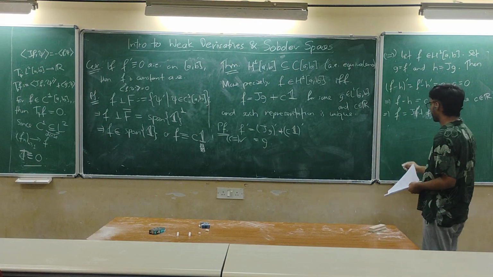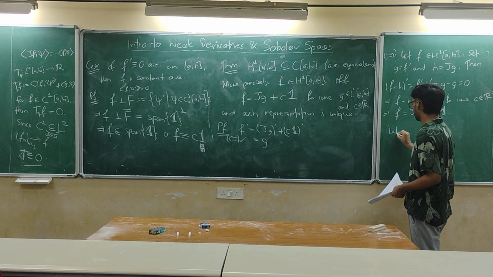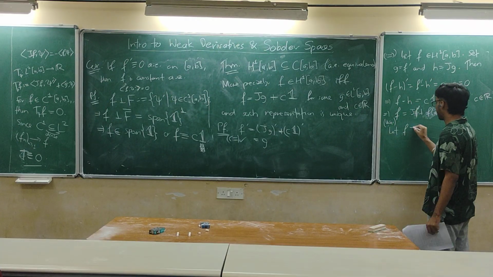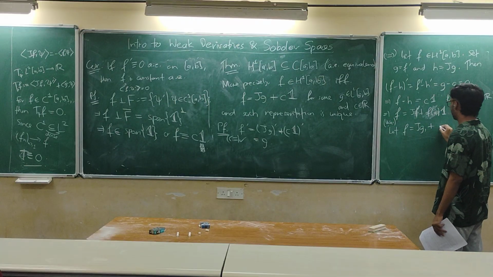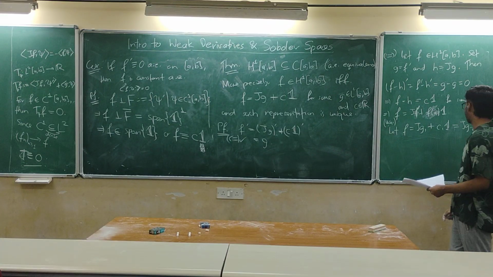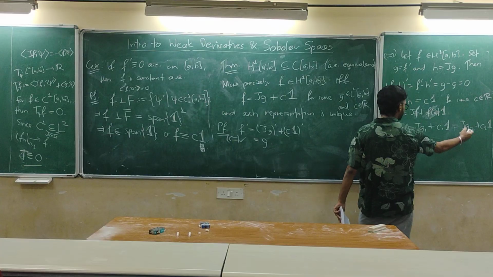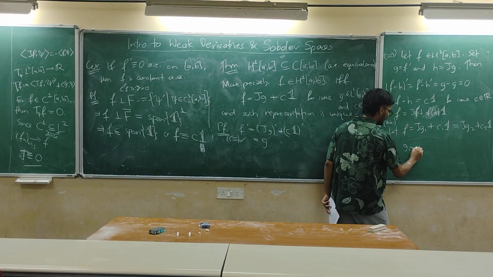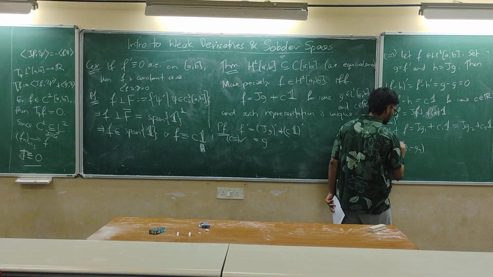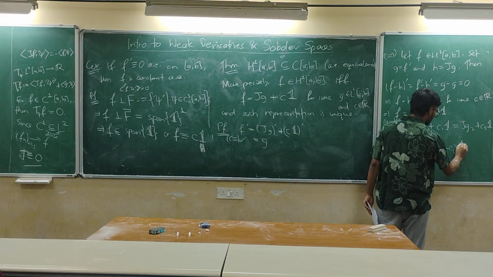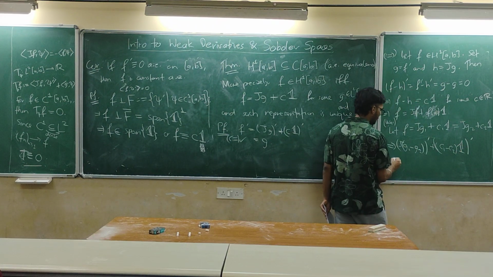So to show uniqueness, let f be written as the integral of g1 plus c1 times the identity, and also as the integral of g2 plus c2 times the identity. If I subtract these and take the differentiation, I get the integral of g1 minus g2, whole prime, plus c1 minus c2, whole prime.